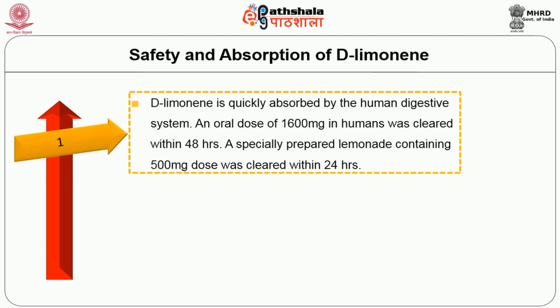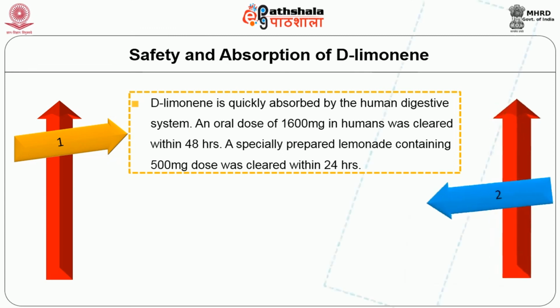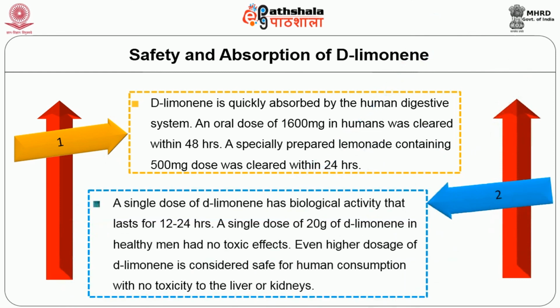A single dose of D-limonene has biological activity that lasts for 12 to 24 hours. A single dose of 20 grams of D-limonene in healthy men had no toxic effects. Even higher dosages of D-limonene are considered safe for human consumption with no toxicity to the liver or kidneys.